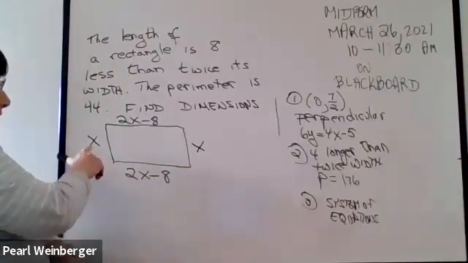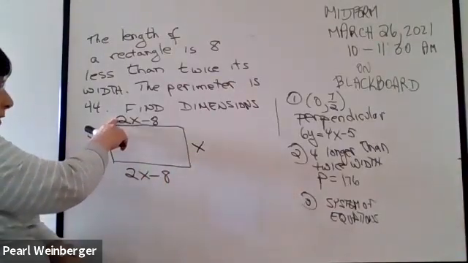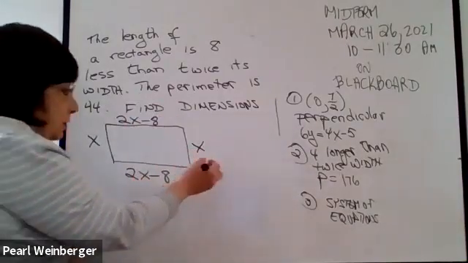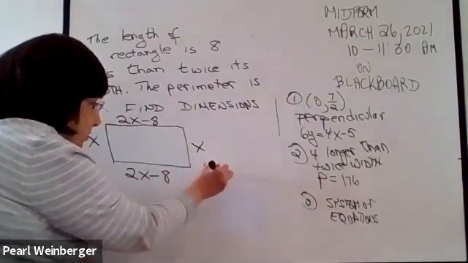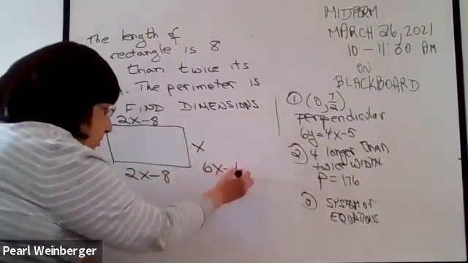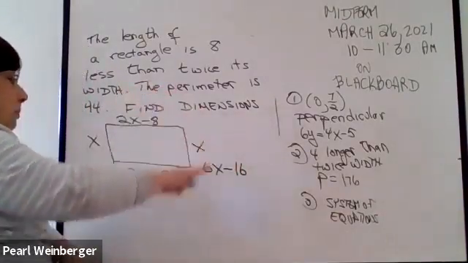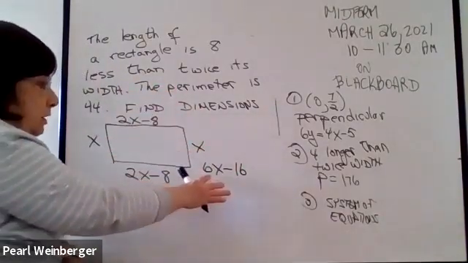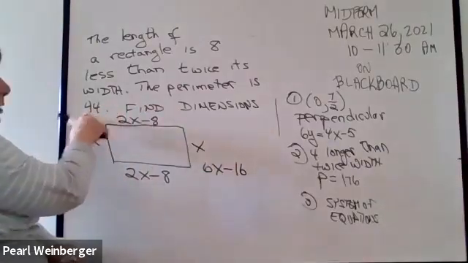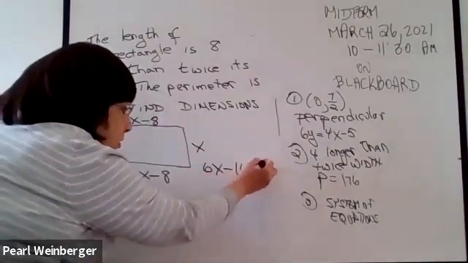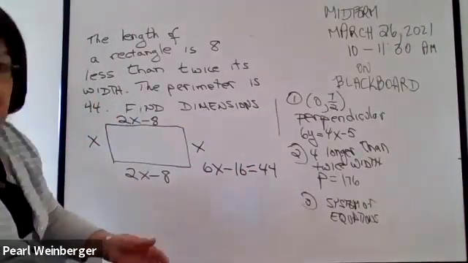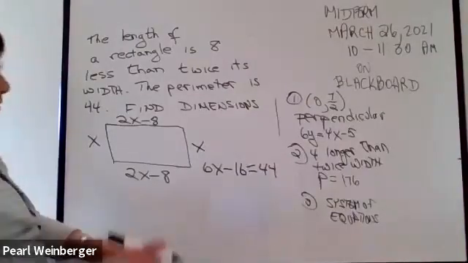So I add everything up, x plus 2x is 3x, 4x and 2x is 6x, and the negative 8 and the negative 8 gives me negative 16. So the perimeter in terms of x would have been 6x minus 16, and I was told that the perimeter is 44, so this has to equal the 44. And here's our equation that we have to solve.